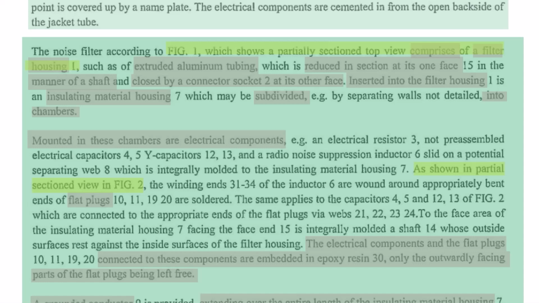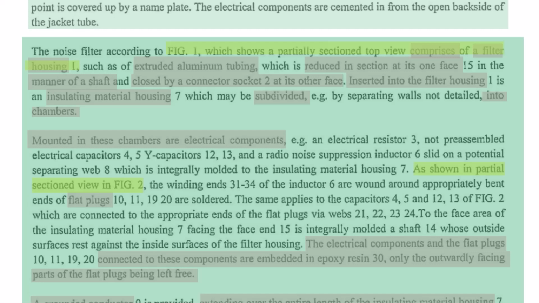How do they achieve it? They achieve it with the help of filters. In fact, the multiple filters that they have. One is a filter housing, another one is an insulating material housing, which holds all the electrical components in a manner that the effect of the interferences is reduced.